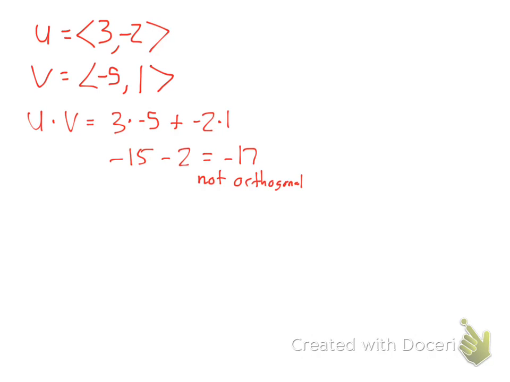Now, let's just quickly give an example of one that is. U is equal to negative 2, negative 3. V is 9, negative 6. Guys, find the dot product of these, and in this case, they will be orthogonal. But verify that.